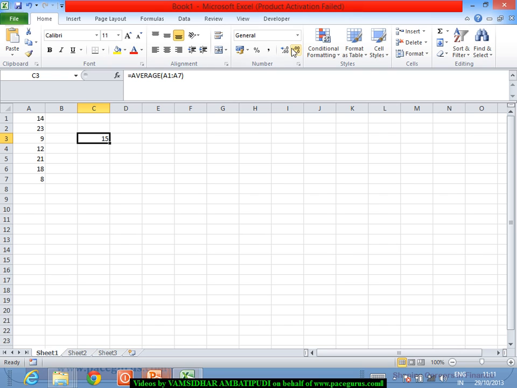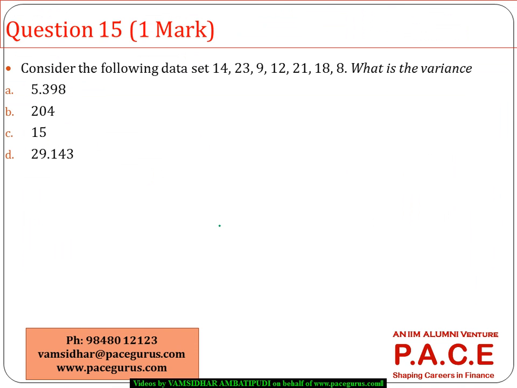So I'll subtract the mean from each of the numbers. 14 minus 15, 1 squared, so 1. 23 minus 15, 8 squared, 64. 9 minus 15, 6 squared, 36. 12 minus 15, 3 squared, 9. 21 minus 15, 6 squared, 36. 18 minus 15, 3 squared, 9. 8 minus 15, 7 squared, 49.